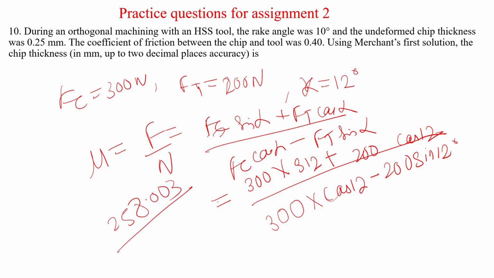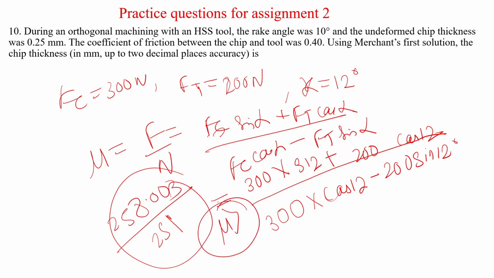And the denominator is 251.86. Let me check: cos 12 into 300 minus sin 12 into 200, 251 something. Yes, then it is more than one, no issue.